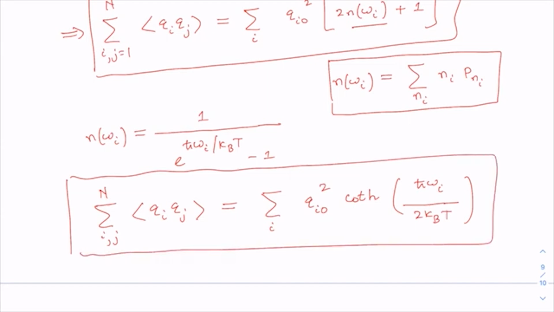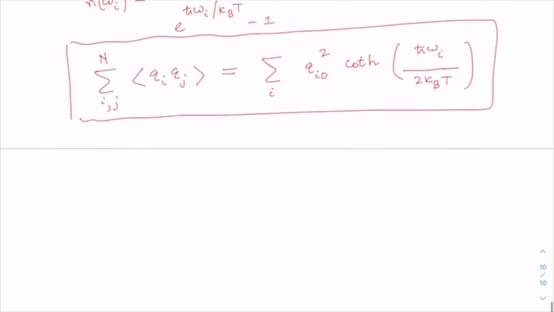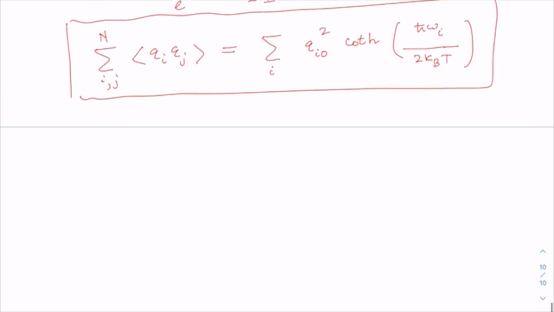We will now discuss the quantum Langevin noise along similar lines as we did for classical Langevin noise. Now both the system and the bath oscillator variables are quantized, and they follow this commutation relation: the commutator of qi and pj is equal to i h cross delta ij.